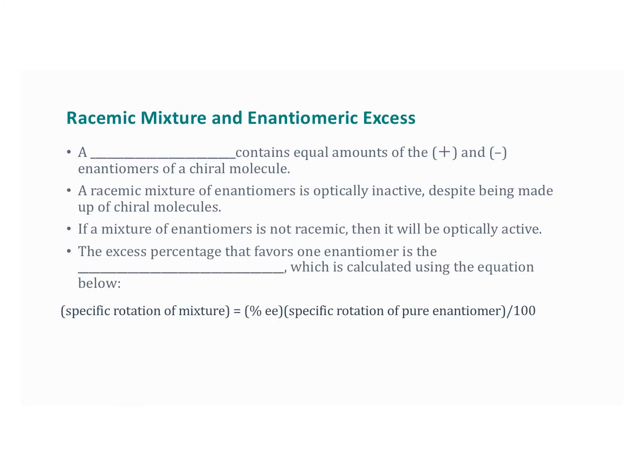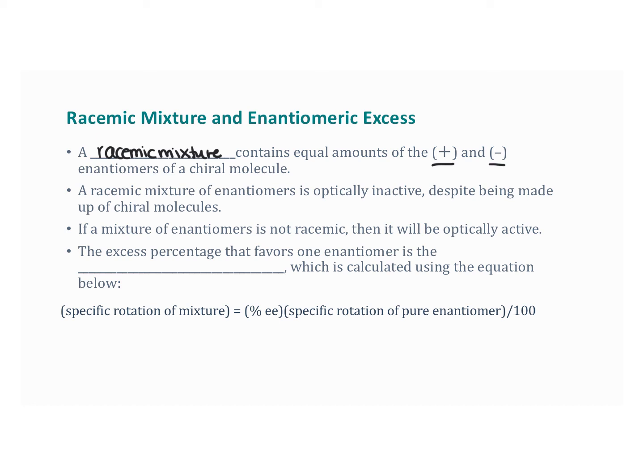Now, we call a mixture of both enantiomers a racemic mixture. And so that's going to contain equal amounts of the positive and negative enantiomers. When that happens, they cancel each other out. The positive and negative rotations cancel each other out, and it looks like there's no rotation at all.